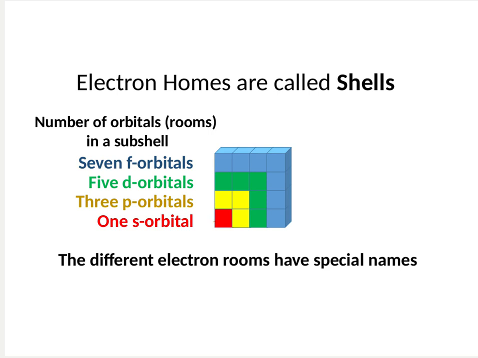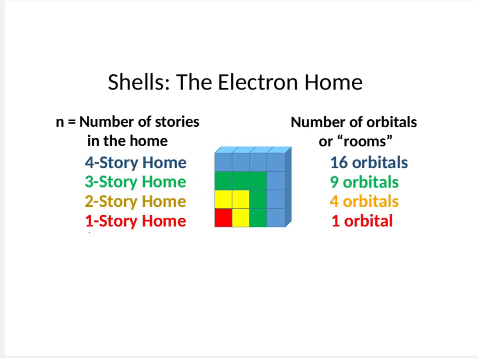The first room that we add corresponds to the s orbital subshell. The p subshell is then denoted here in yellow, the d in green, and the f in blue. As we add each one of these additional stories to the home, we can monitor how many different electron rooms we're creating.